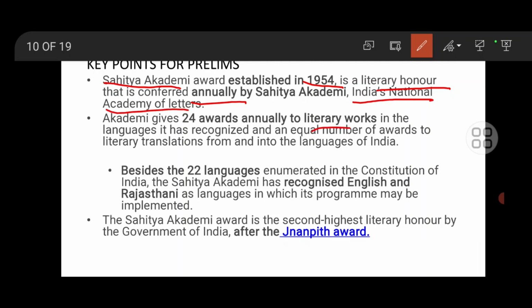It is particularly given to literary works. There are 22 languages enumerated in the Constitution. Apart from that, the Sahitya Akademi also recognizes English and Rajasthani. This is the second highest literary honor by the Government of India. The first one is the Jnanpith Award.